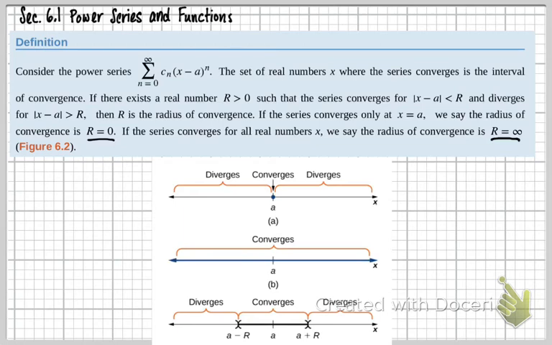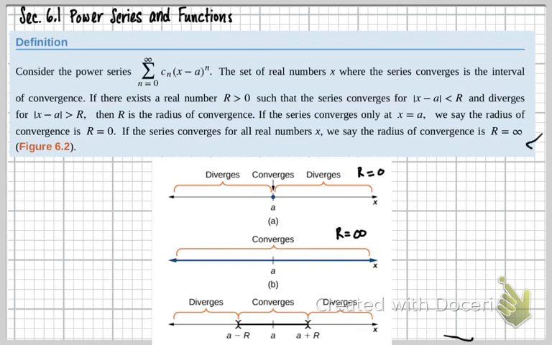All right, so when we look at these, if it's just a, it's there, and it diverges everywhere else. I really like this diagram below because it gives you that nice visual. And then the middle one says, this says it converges for all x. So that's where r equals infinity. And this is where r equals 0.